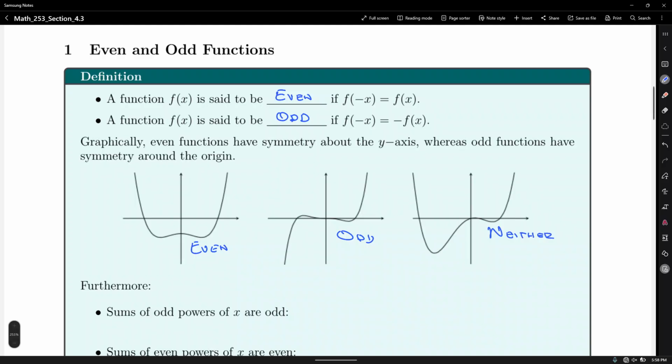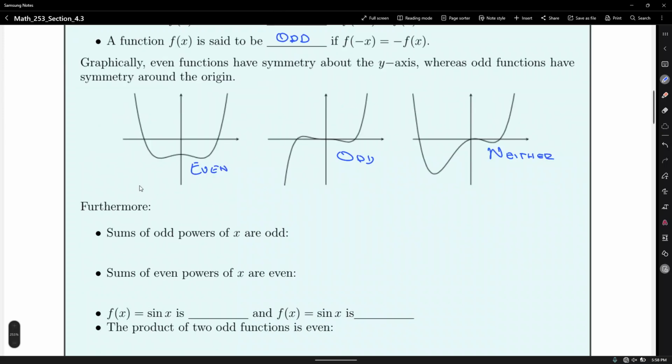Okay, guys, the next part is key. It's important to compute Fourier series. Let's talk about the algebra of even and odd functions. For instance, sums of odd powers of x are odd.